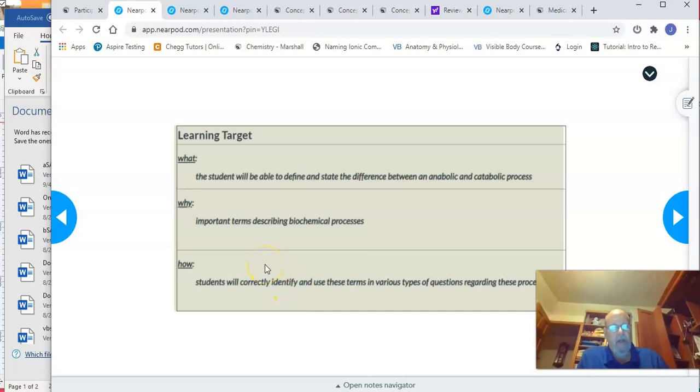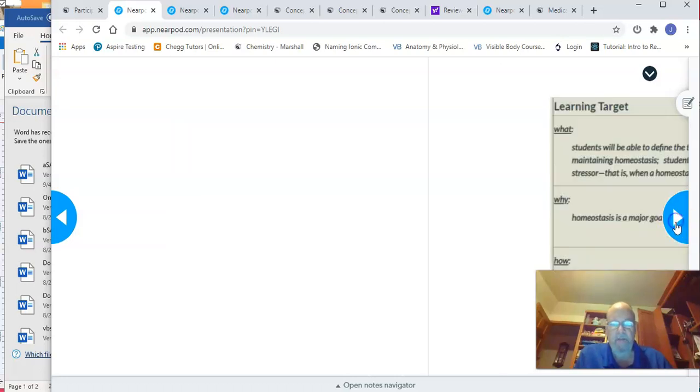Another learning target is that you will be able to state the difference between an anabolic and catabolic process. These are important terms describing biochemical processes that we'll want to talk about, and you'll correctly identify and use these terms in various types of questions regarding these processes.